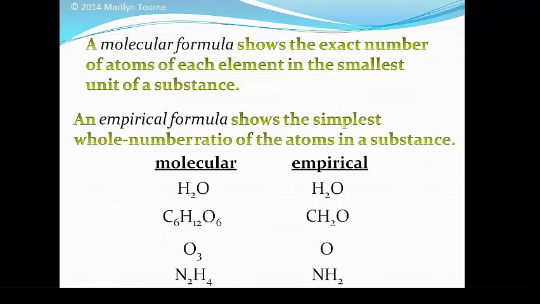What about O3? Since O3 is by itself, you can do it. So I can divide 3 into 3 and get 1. So the empirical formula of ozone would just be oxygen. What about the last one, N2H4? Well, of course, you can divide 2 into each of those subscripts and get something simpler, NH2.